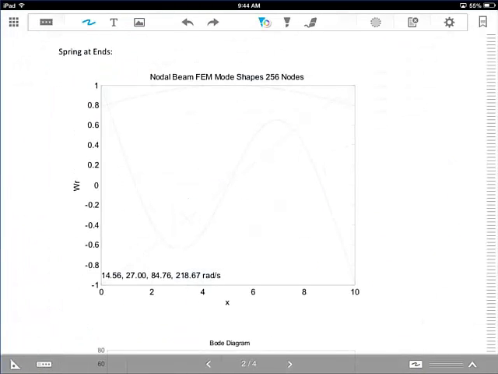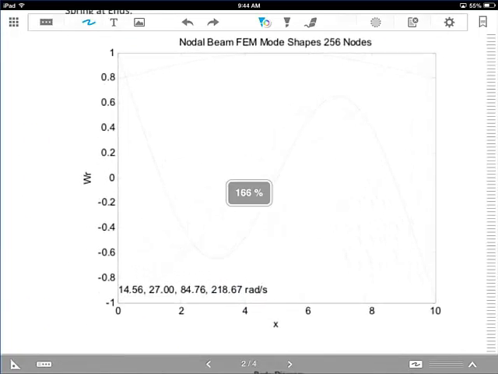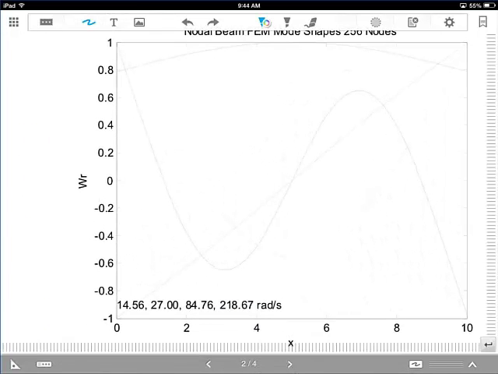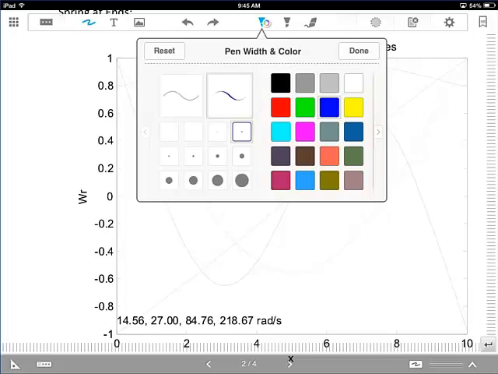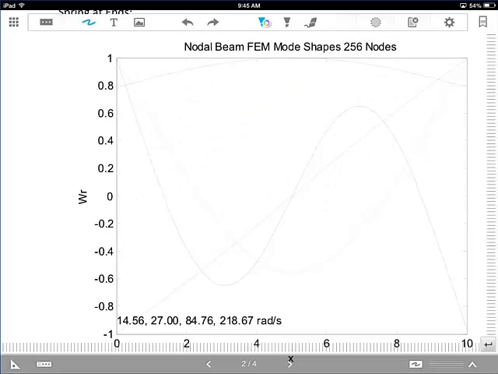So there's two cases I ran. One was with the spring at the ends. So in that case, you basically should have a symmetric system. Remember the free beam had these rigid modes? Well, now blue is the first mode, so here's your W1.